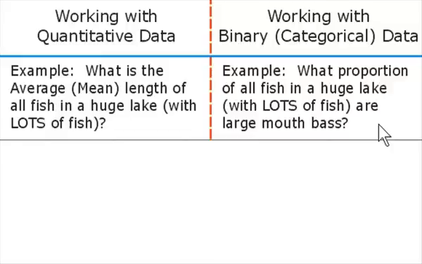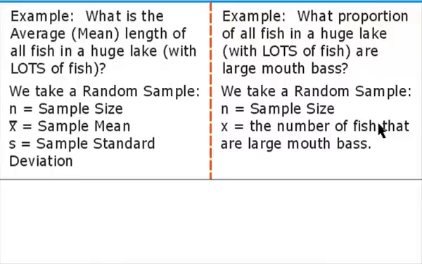Let's look at what our random samples will look like in each case. For quantitative data, you will have a sample mean and usually a sample standard deviation, since the population standard deviation is usually unknown.